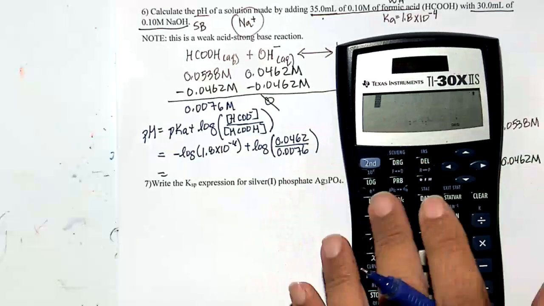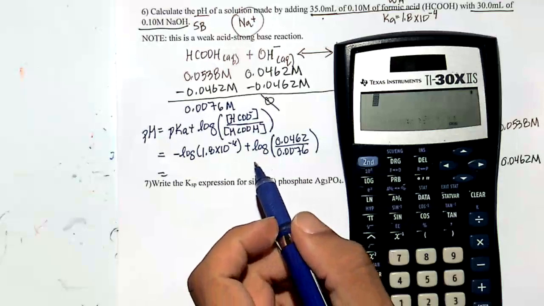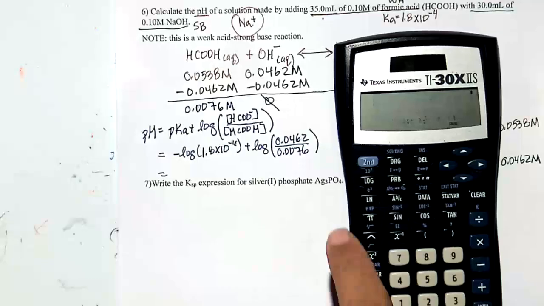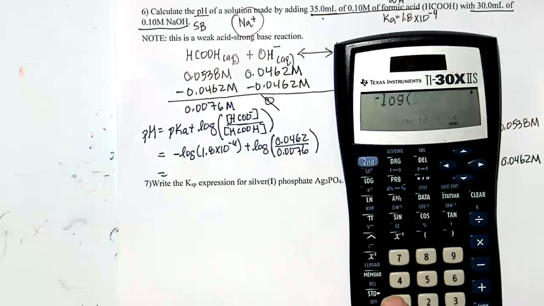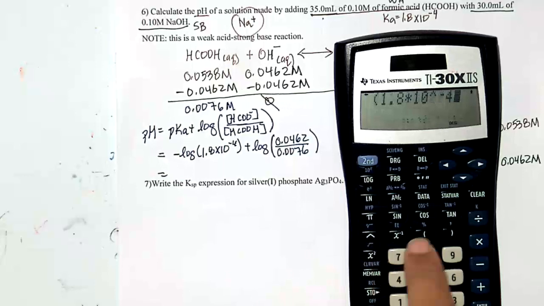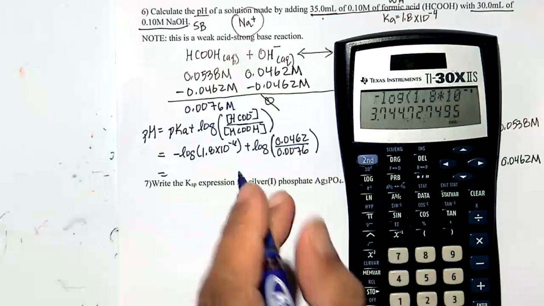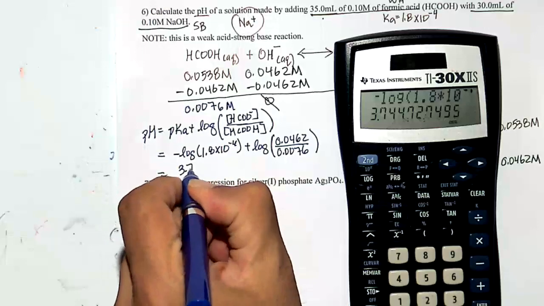So what is that on our calculator here? I'm going to do minus the log of 1.8 times 10 to the minus 4, and that's 3.74.